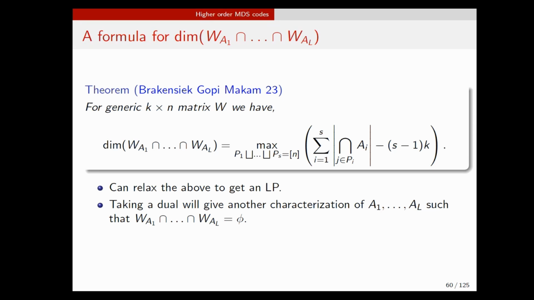This is useful so that we can get a set of conditions for when a code is going to be MDS L. You have to do a bunch of work, but it turns out the dual conditions look like the following.